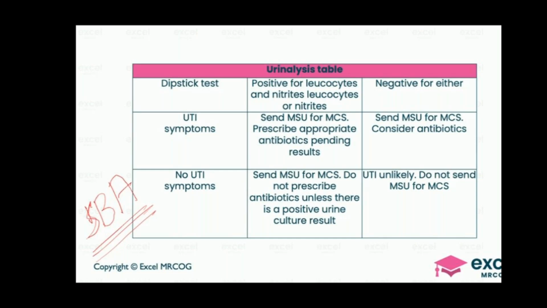Okay, so I have a question. A 60-year-old lady comes to you with symptoms of, say, leakage on lifting weights, okay, and no other urinary symptoms. What would you do in this case? What is the first investigation that you would do?